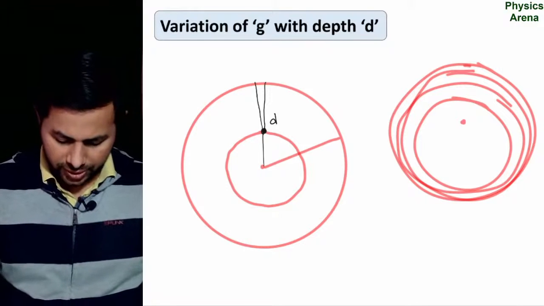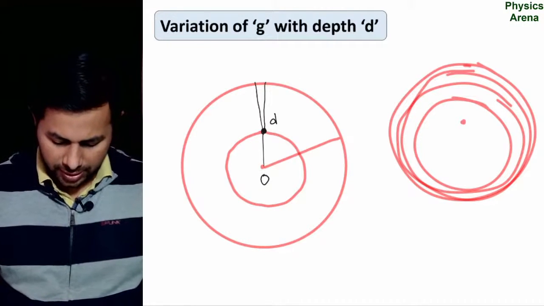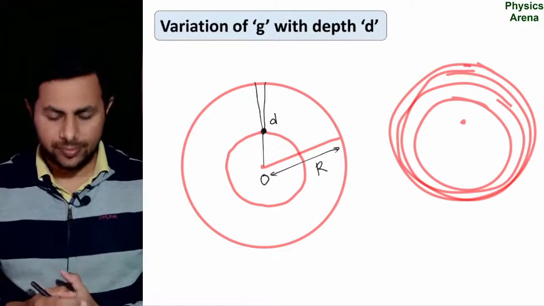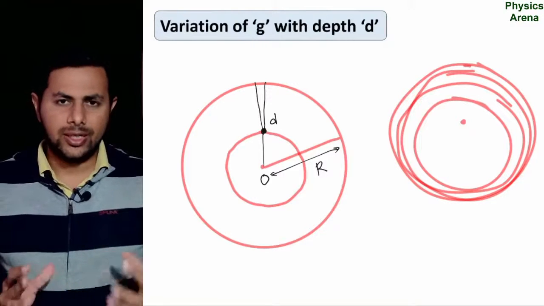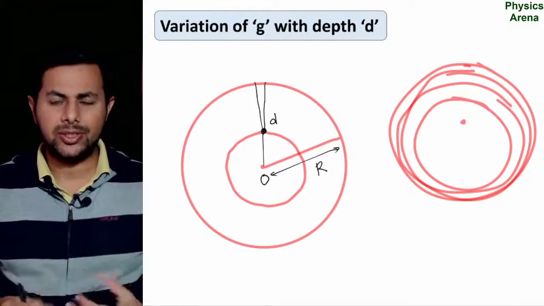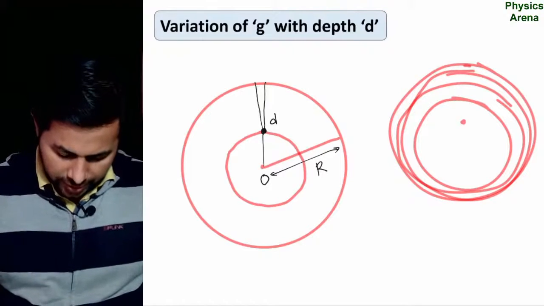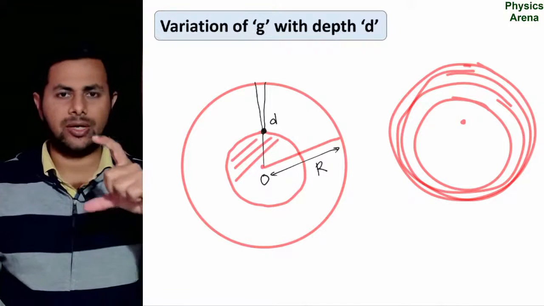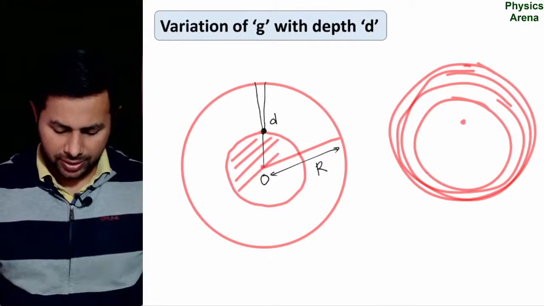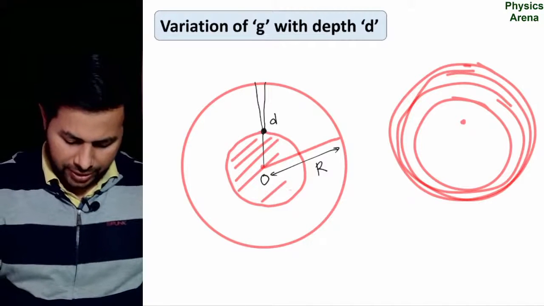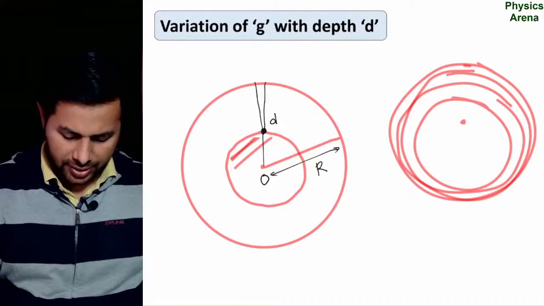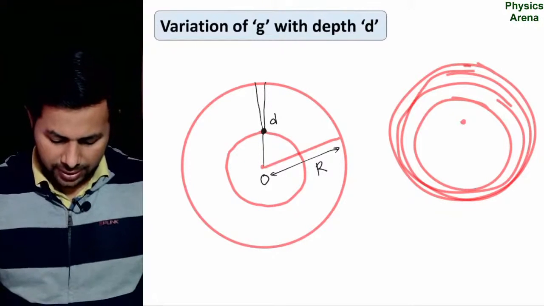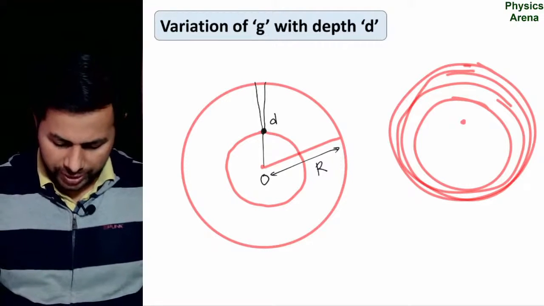So this is the center of Earth, and this is the radius r. We claim that this acceleration due to gravity will be due to this inner sphere only. If we consider radius equal to r minus d and draw a sphere, then the acceleration due to gravity at depth d will be due to this inner sphere only. So this is the claim, and how can we justify it?